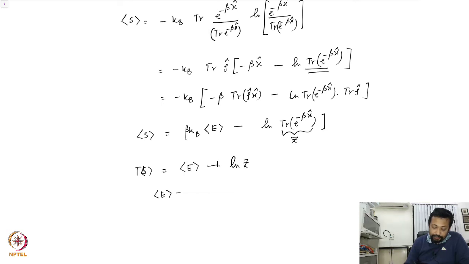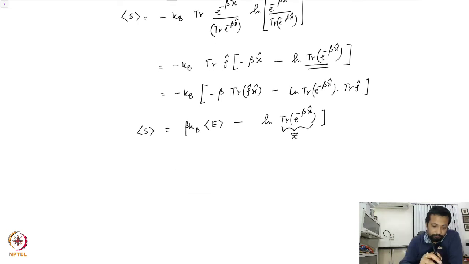There has to be a kB here because you are multiplying throughout by kBT.